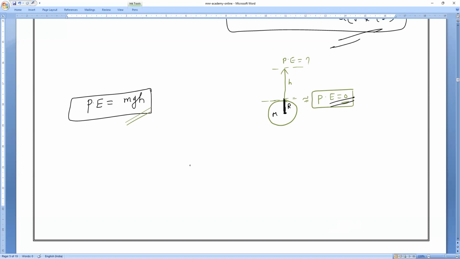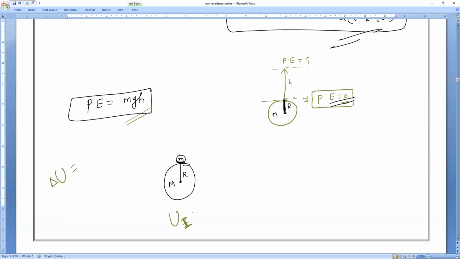So if I consider the earth, radius R and mass M, and one small mass m is present just above it. Now, what is the initial potential energy? This is the system now. What is the potential energy formula?